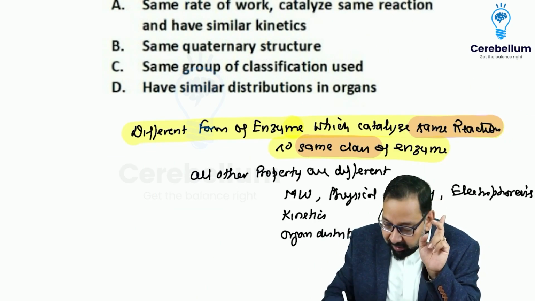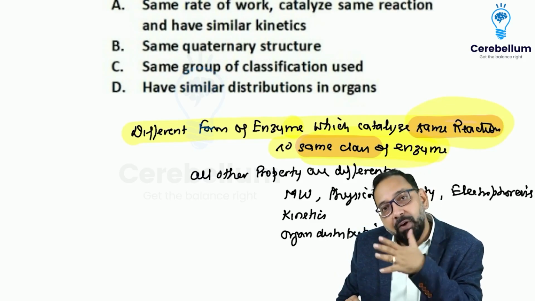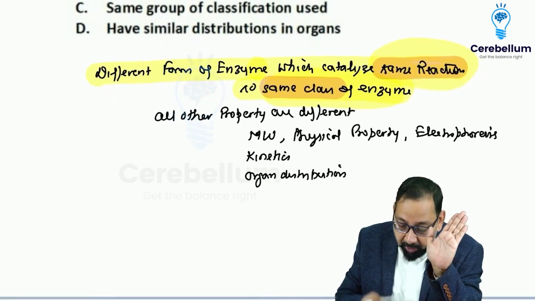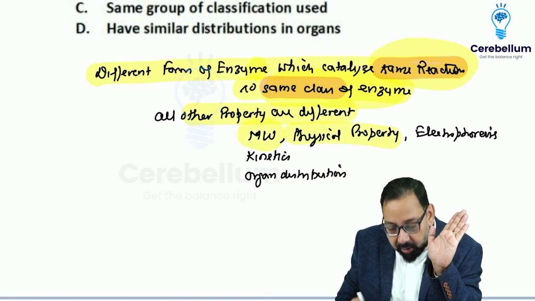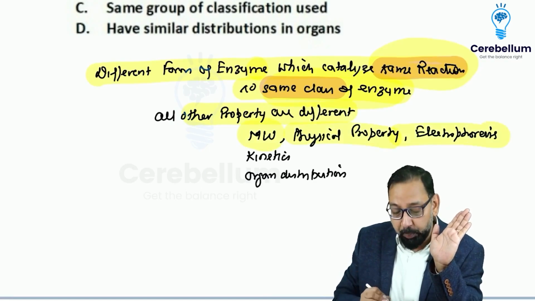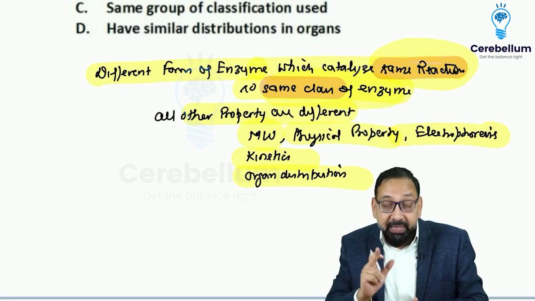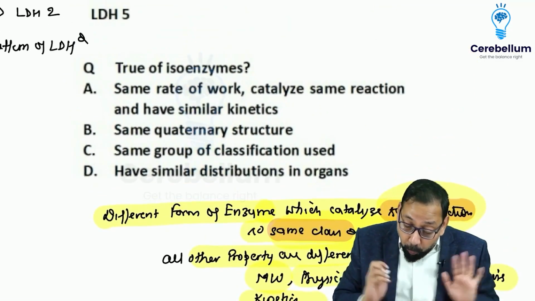They catalyze the same reaction and they are classified in the same class. Otherwise, any other property may be different. Their molecular weight is different, physical property different, electrophoretic property different, kinetics different, organ distribution different, but they catalyze the same reaction. Remember this mnemonic and you will solve all questions.